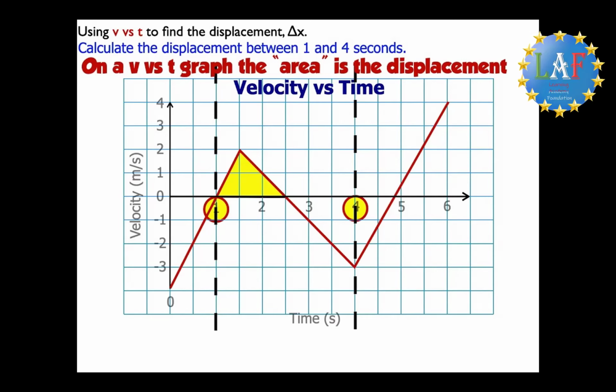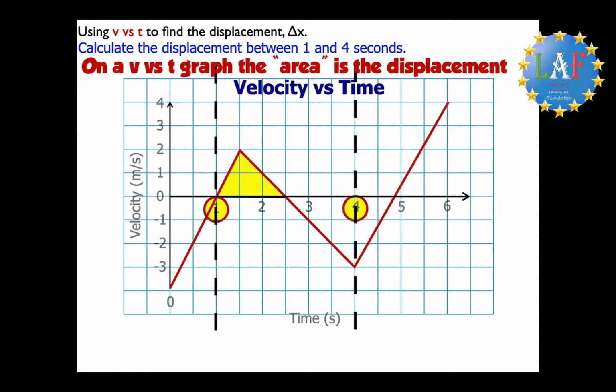So half times 1.5 times negative 3 is negative 2.25. And then we add the areas. It is 0.25. So it means that after all this calculation, we moved only a quarter of a meter.